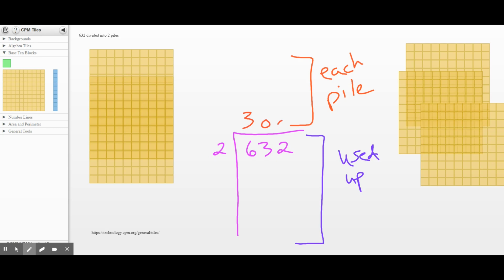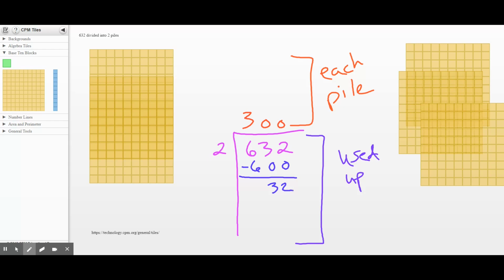Well, there's 300 in each pile. If I put 300 in the first pile and 300 in the second pile, I've used up 600. And if I started with 632 and I used up 600, I have 32 left. So obviously that wasn't the puzzler part.